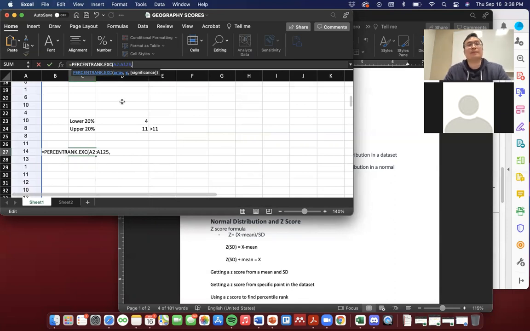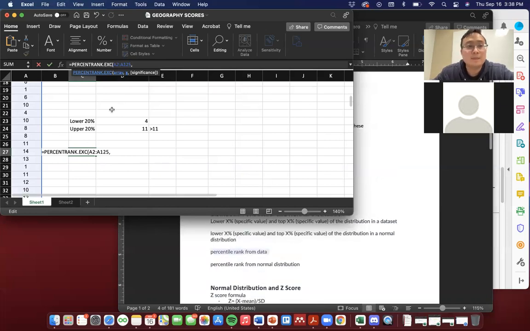And X. So in this case, for percentile rank from data, the problem will give you a value from the data set. So in this list of quiz scores, it might give you 11, or let's use something else, 8. And we want to know the percentile rank of 8. How many people scored 8 and below?